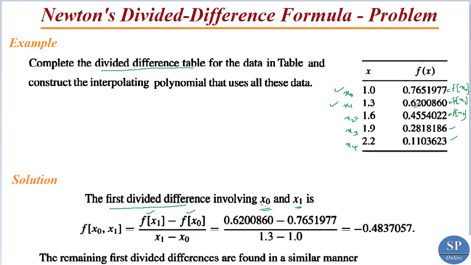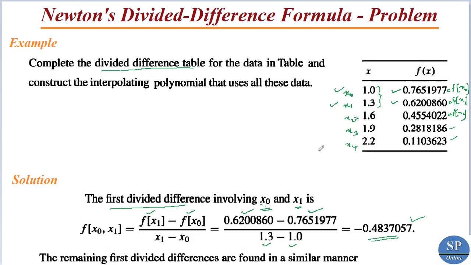So using those values we get f of x1 minus f of x0 divided by x1 minus x0. We have x0 equal to 1 and x1 equal to 1.3. So simplifying this we'll get negative 0.4837057. So this is the first divided difference involving x0 and x1.